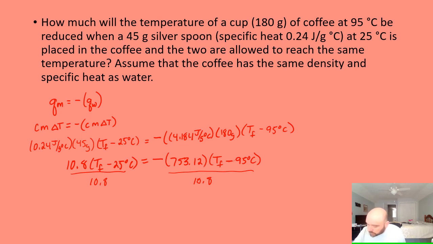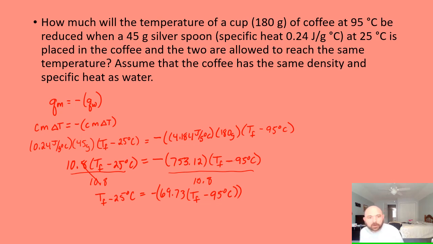So this will cancel. TF minus 25 degrees Celsius is equal to negative 69.73 times TF minus 95 degrees Celsius. Close those parentheses out.